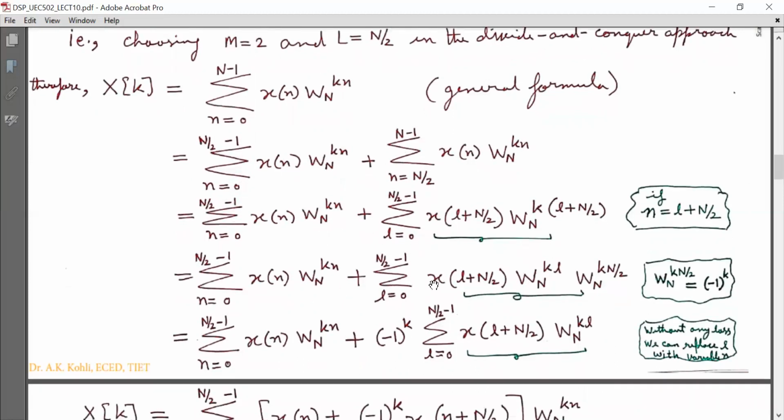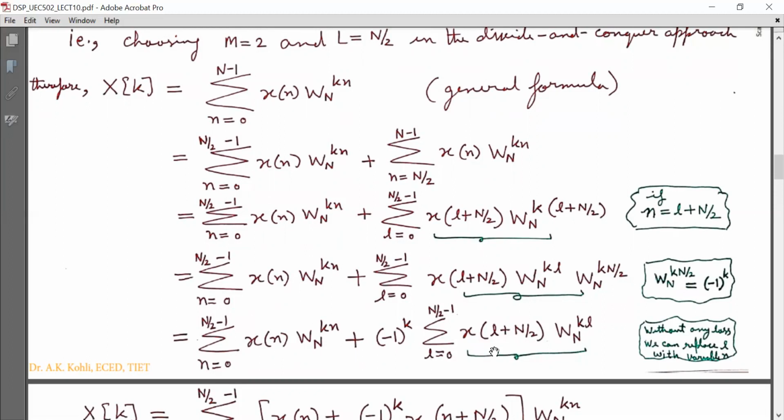Now, mathematical simplification gives summation n running from 0 to N by 2 minus 1 xn W raised to power kn plus minus 1 raised to power k summation L running from 0 to N by 2 minus 1 x L plus N by 2 W raised to power kL. So look at the second summation. This summation term is independent of the first summation term.